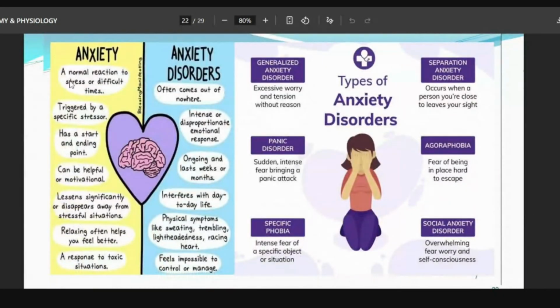Now, what is the difference between anxiety and anxiety disorder? Anxiety is like, everybody can feel anxiety. So don't think whenever you get small anxiety about certain things or stress on certain things, that you have an anxiety disorder. Why? Because it's a simple reaction to a particular difficult situation which you're not able to handle well.